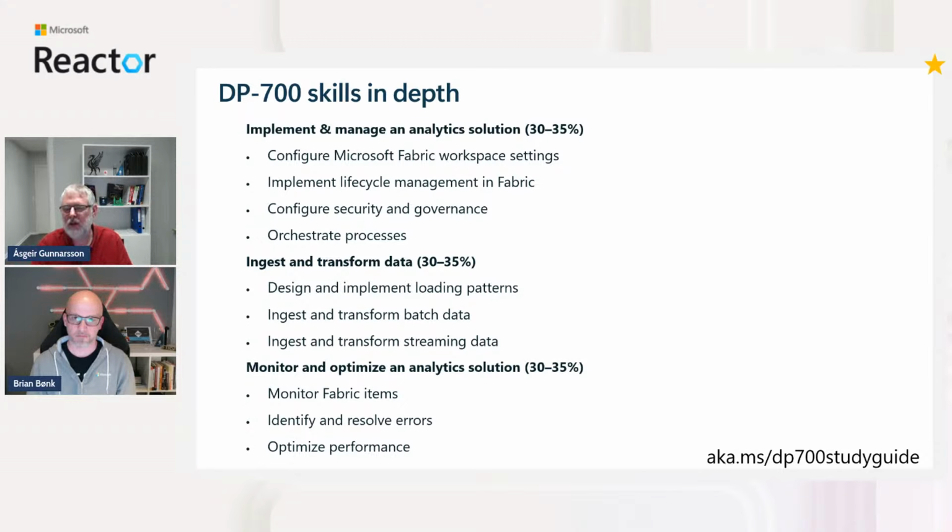You need to understand where to find it, of course, and you need to understand the different item types and how to filter the lists and stuff like that. That is also very important, because there's no reason building a solution if you cannot make sure it works. Then you need to, of course, be able to identify and resolve errors, and that's both SQL errors, PySpark errors, and streaming errors.